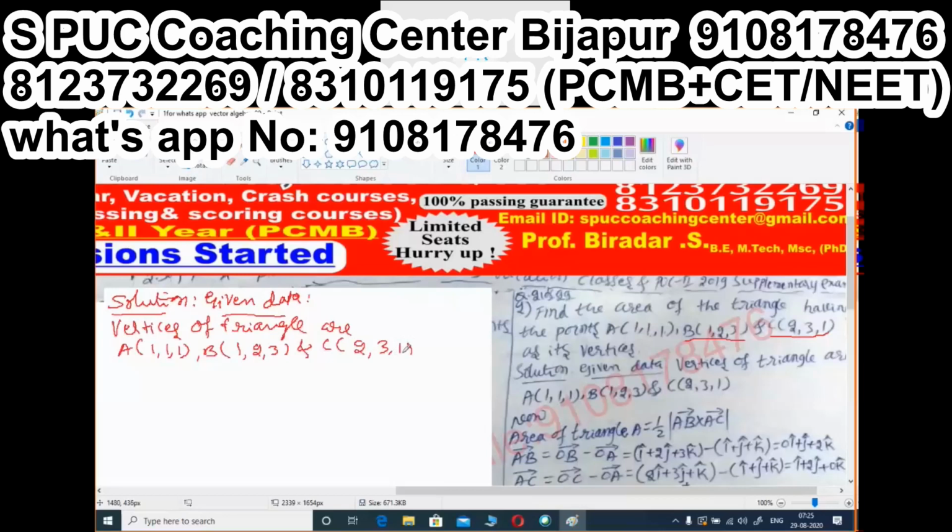Okay, so now you can write the formula for the area of a triangle. What is the formula for that? Already you took it in the previous problem: the area of the triangle is equal to 1 by 2 modulus of AB vector cross AC vector.